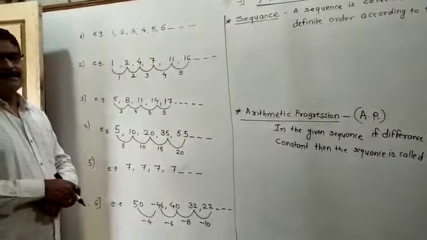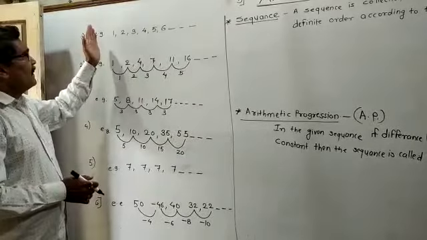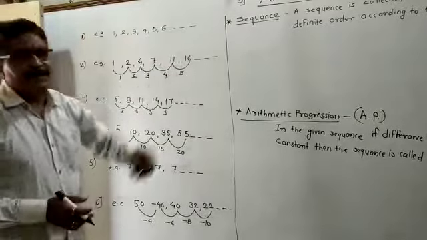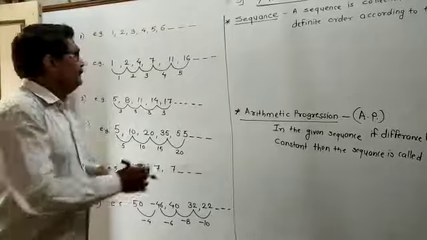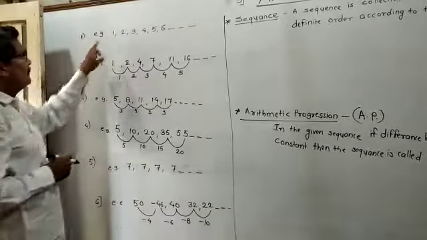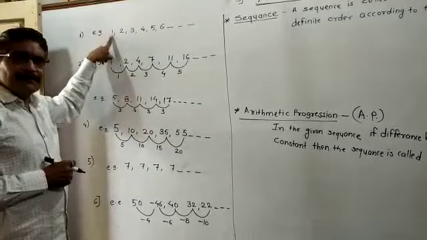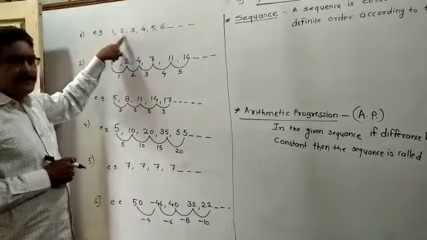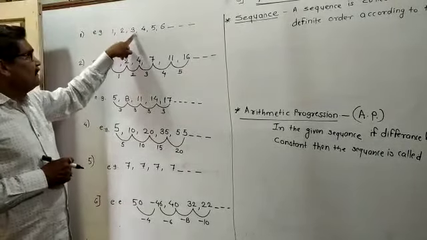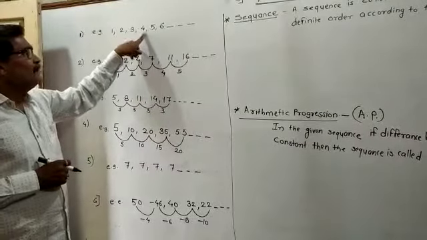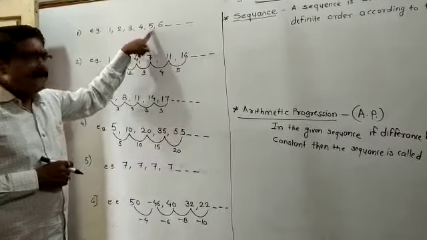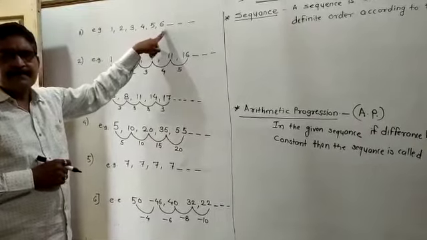If you observe, this sequence is in increasing order of the numbers. The first number in this sequence is 1, so the first term is 1. Second term is 2, third term is 3, fourth term is 4, fifth term is 5, and sixth term is 6.